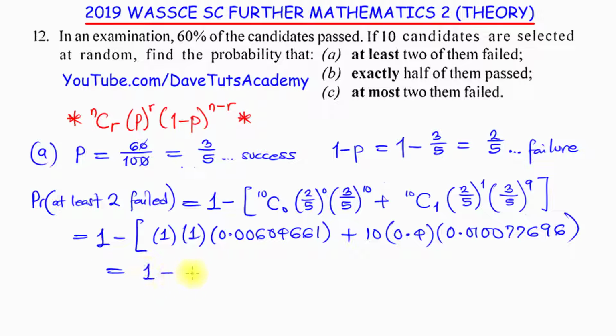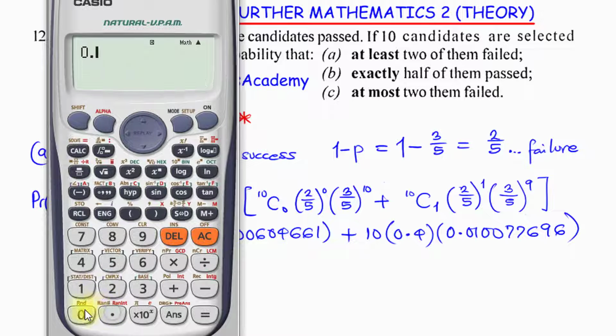So we can have it as 1 minus. Okay, you could just open up this bracket, or you just want to evaluate that straight. So we have decimal place 1, 2. Okay, so I can say 0.0060461 plus, now I want to put this in bracket, 10 times 0.4 times 0.010077696.